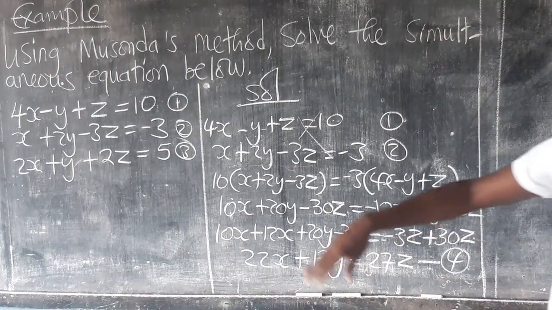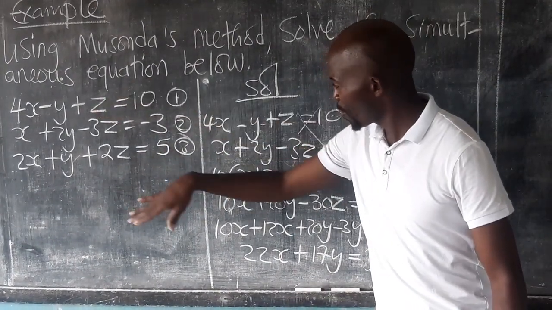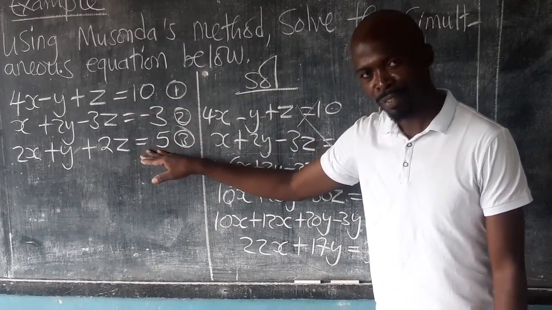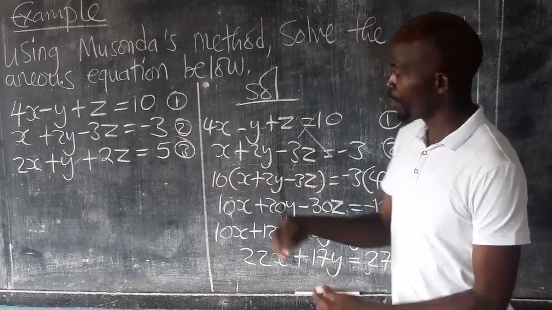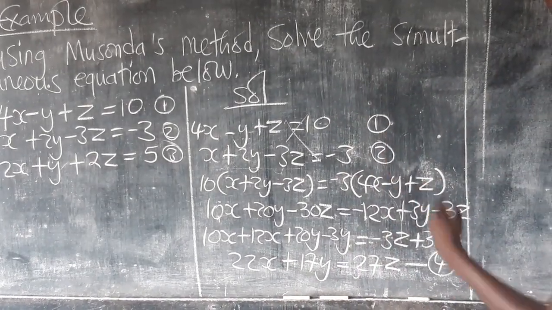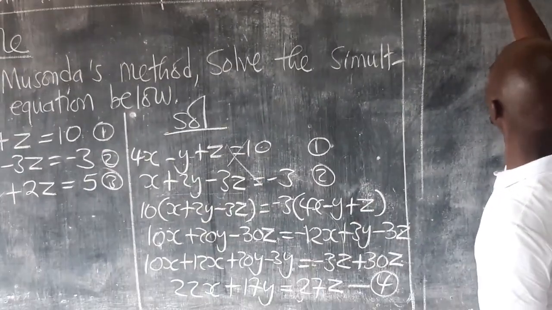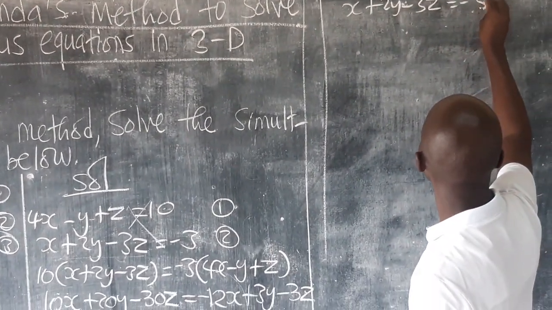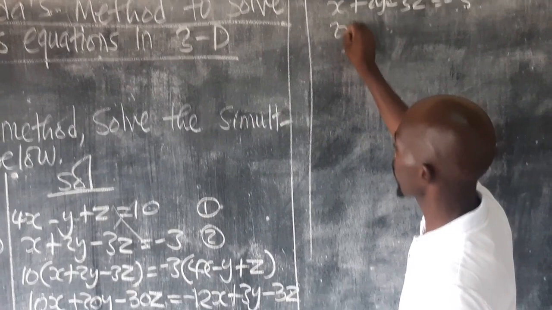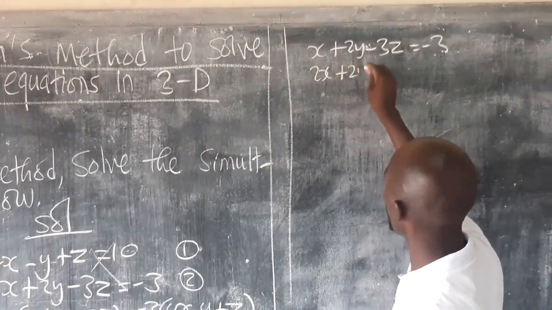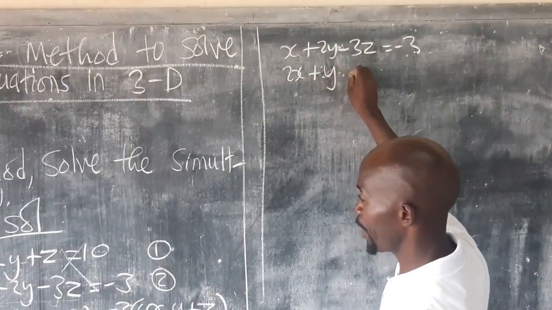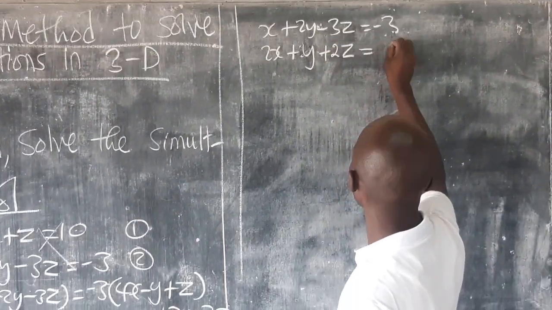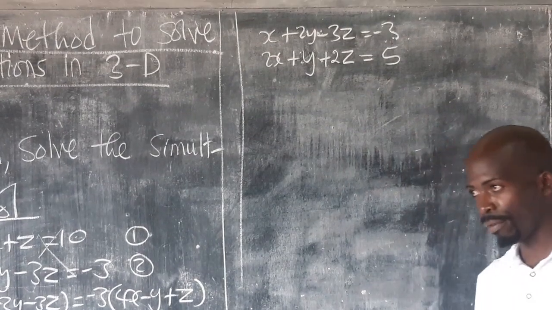I now pick either the first with the last one or the second with the last one to create the 5th equation. I'll pick the second, which is x plus 2y minus 3z equals negative 3. I also have 2x plus y plus 2z, which will be equal to positive 5.